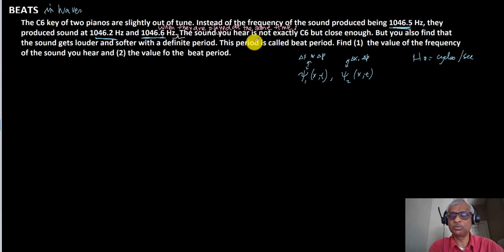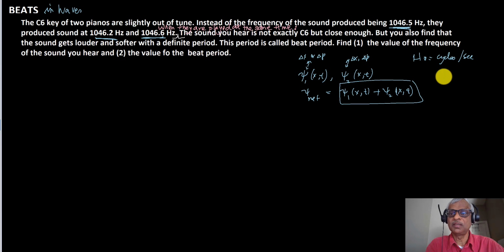There are two ways to think in terms of sound. The net will be just the sum, psi 1 of x,t plus psi 2 of x,t. And the reason it's a sum is called the superposition principle.